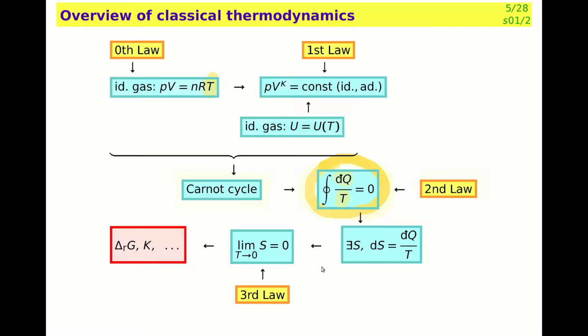It means that there exists a new function of state which is called entropy, and this is its definition. Since this gives me only an existence of something like this, I don't know what is the natural zero of such a quantity. We know that for volume the natural zero is that there is zero volume. It's easy, but we don't know whether there is such a natural zero for entropy yet.